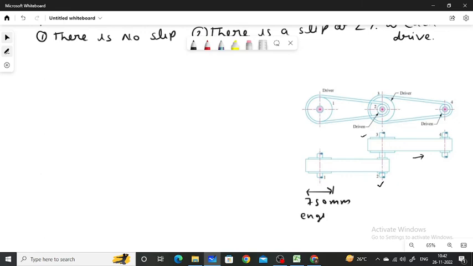The second, line shaft, has pulley 2 with a diameter of 450 mm.